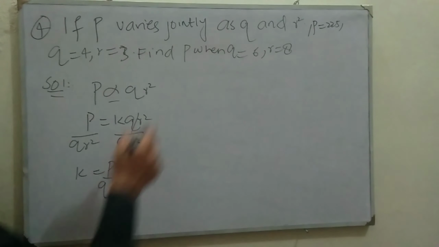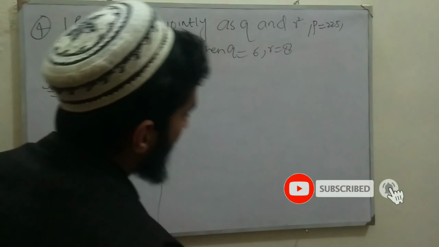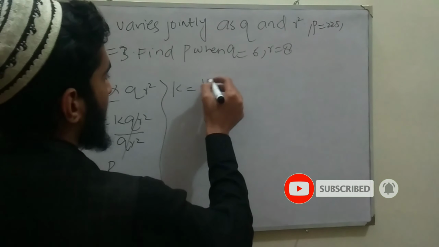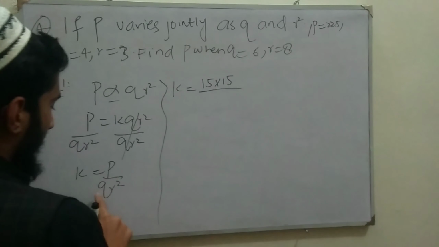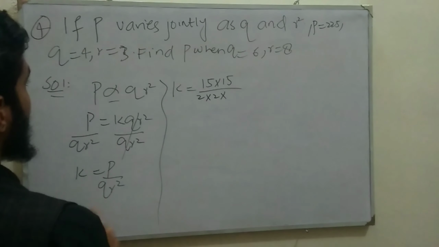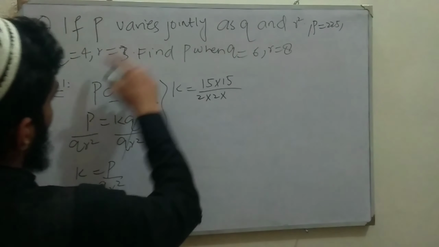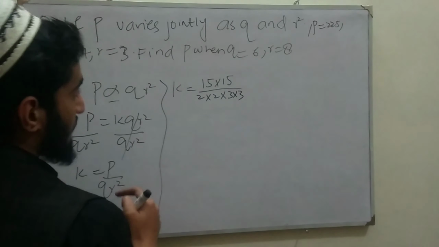Putting in the values, K is equal to P, which is 225, which can be written as the product of 15 with itself, because 15 multiplied by 15 gives us 225, divided by Q. Q is 4, which can be written as 2 multiplied by 2, multiplied by R square. So 3 multiplied by 3 gives us 9. So 3 multiplied by 3 for R square.